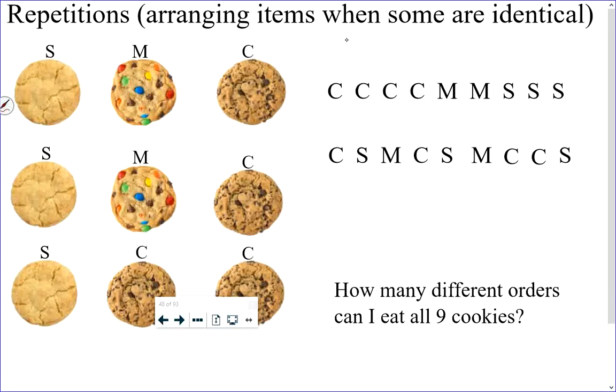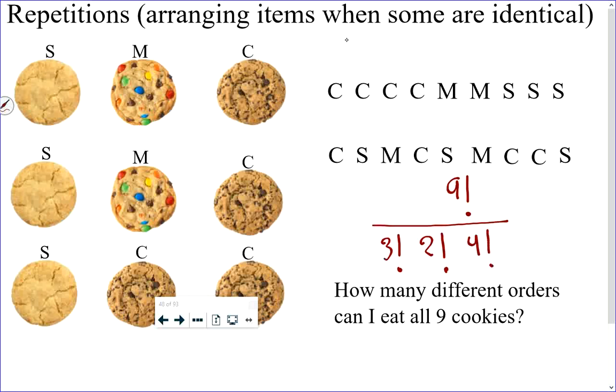If I go back to my cookie example, I'm arranging 9 items, which would mean it would normally be 9 factorial, but I have 3 snickerdoodles, and I have 2 M&Ms, and I have 4 chocolate chip cookies.